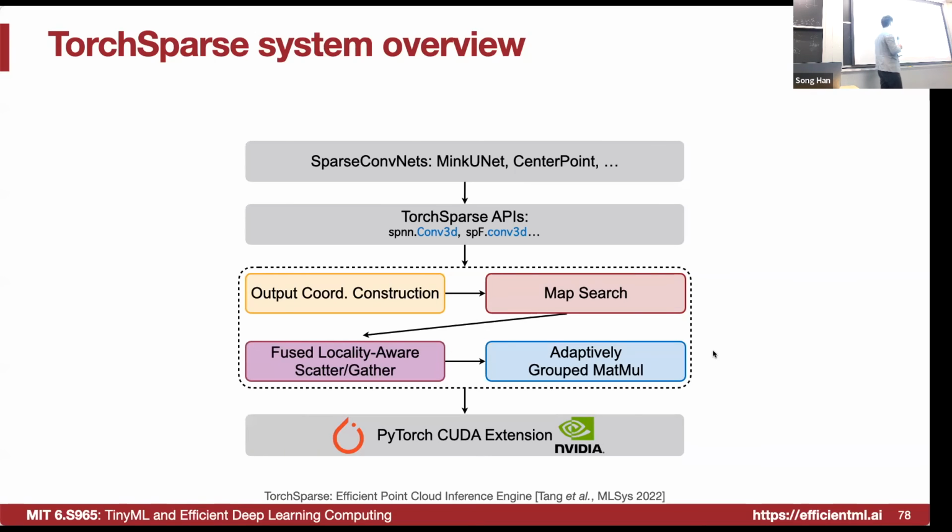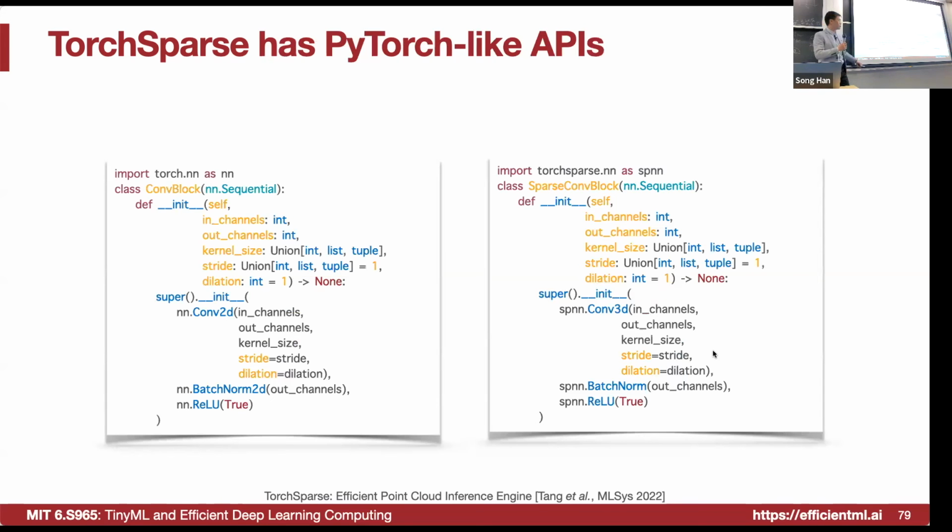And then we do the map search, followed by the locality-aware scatter and gather, and finally adaptive grouped matmul. The interface of using the sparse convolution is exactly the same as the original conv2d. Everything is the same. We just change the function name.